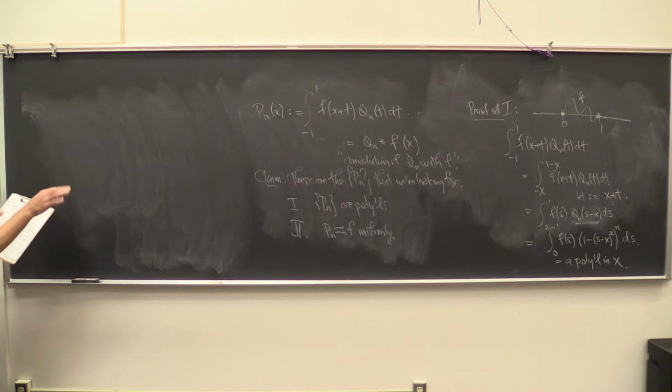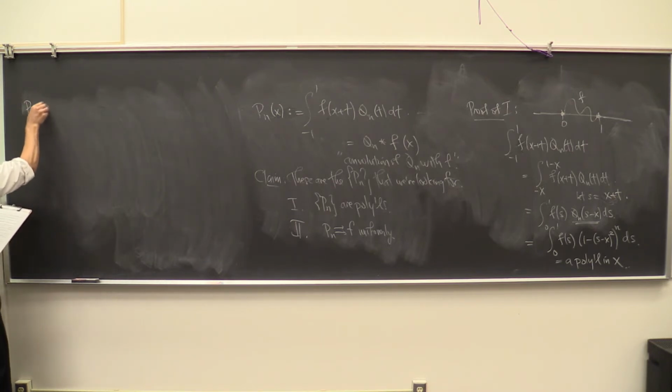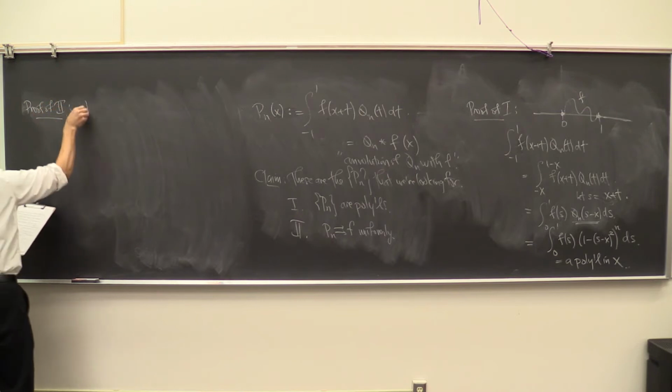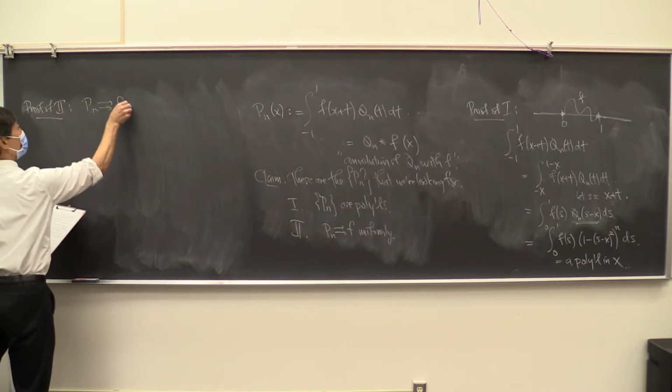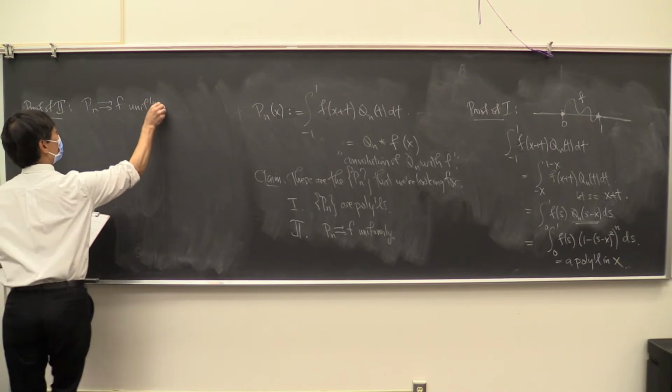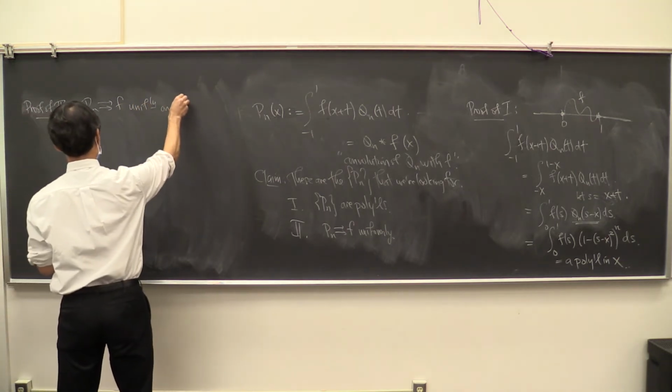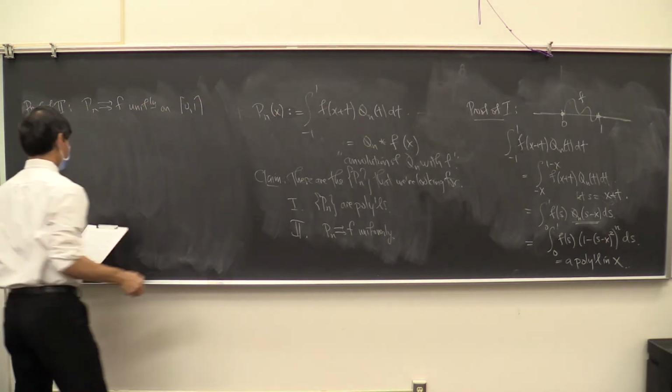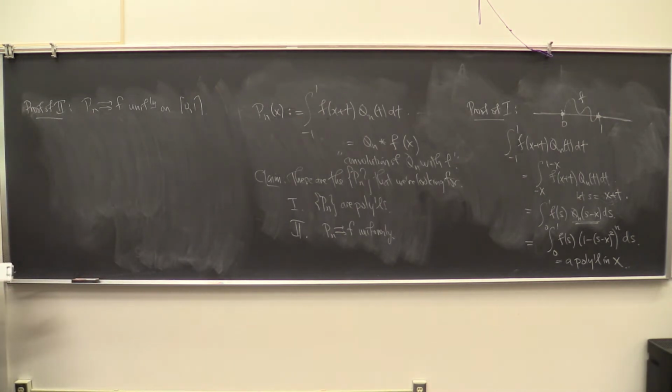Okay, so we want to see that these guys converge to f uniformly. So proof of 2, that the p sub n converge to f uniformly on [0, 1]. So what does that mean?